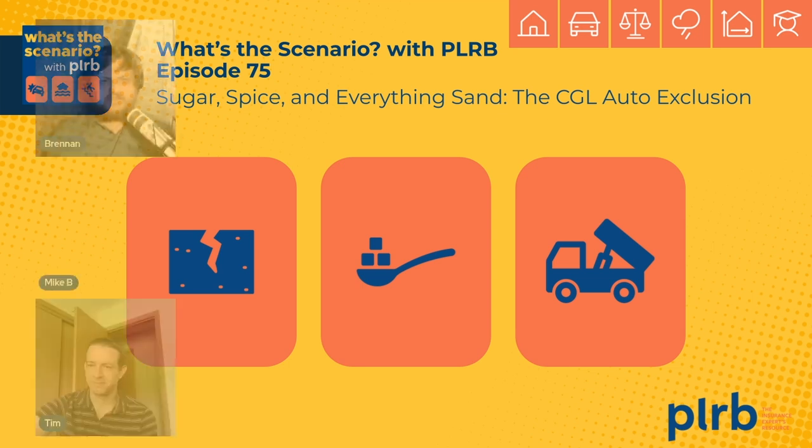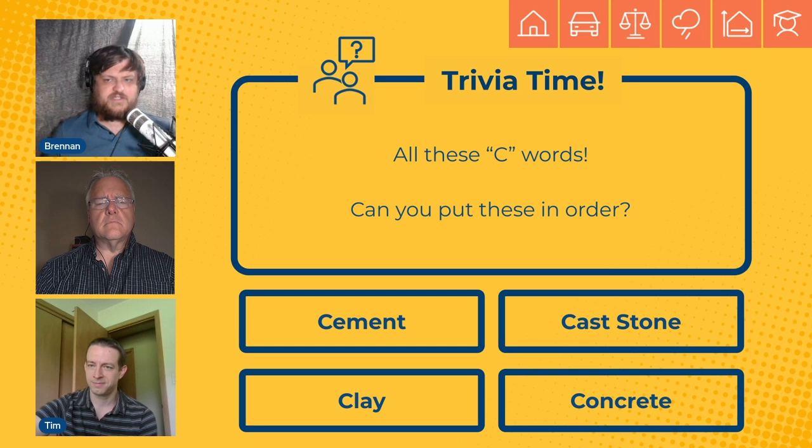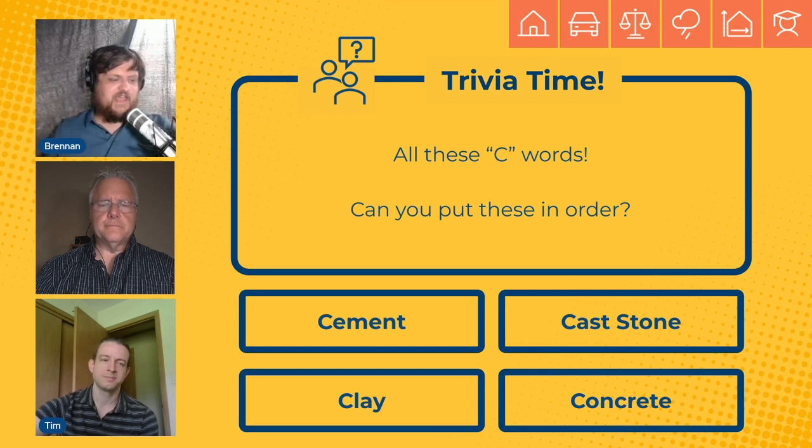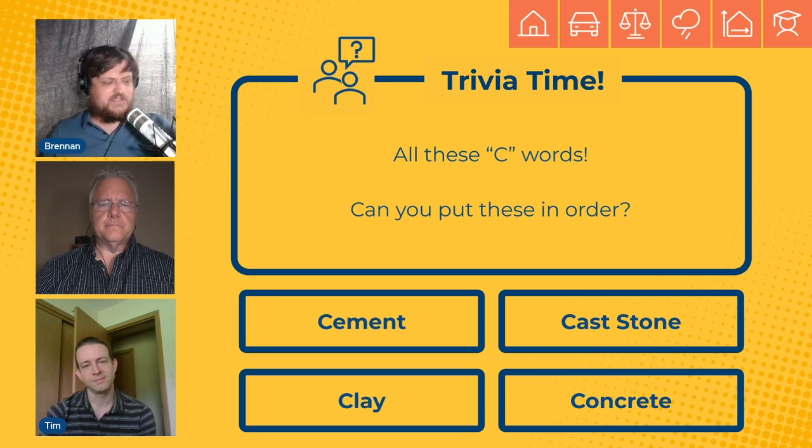But before we get into that, we've got to do our trivia question. When I was doing this, I was forever confused about the difference between cement and concrete. I thought I'd quiz you on that and throw in a couple more C words to see if we can puzzle this out. You could put them in order, use one to create the other.